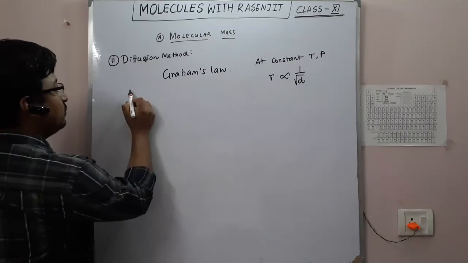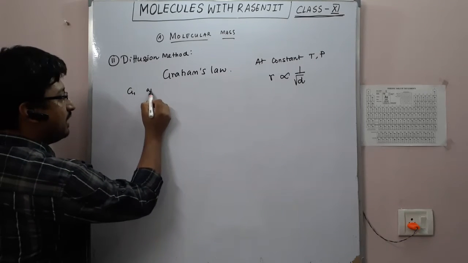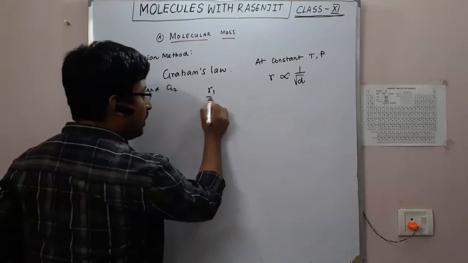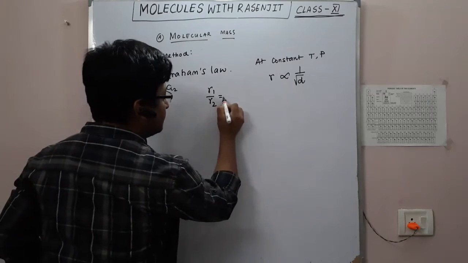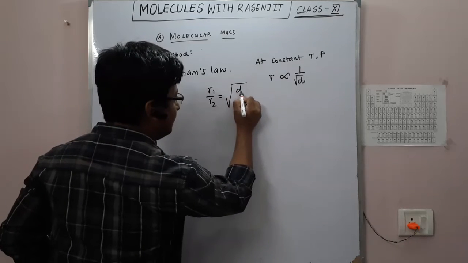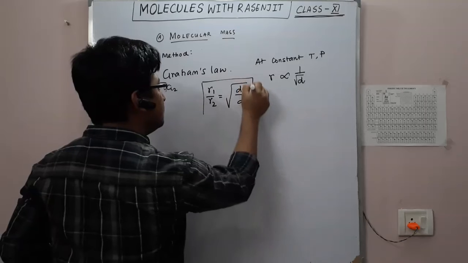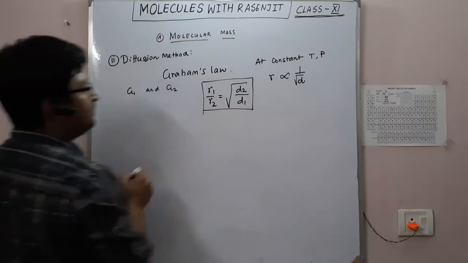If we define this for two gases, G1 and G2, then R1 by R2 is equal to D2 by D1. So this is Graham's law of diffusion.